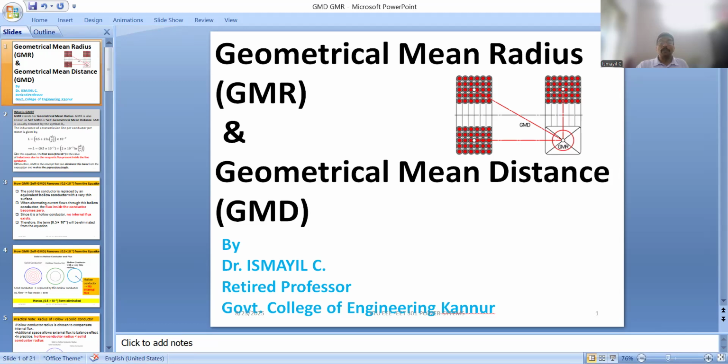So what is my GMD? GMD is the cubic root of DAB into DBC into DCA. Sorry, here again another mistake made from the slide. So GMD is equal to the cubic root of 5 into 5 into 10. It's equal to 6.3 meter. What is the answer we got earlier? It is 6.295.